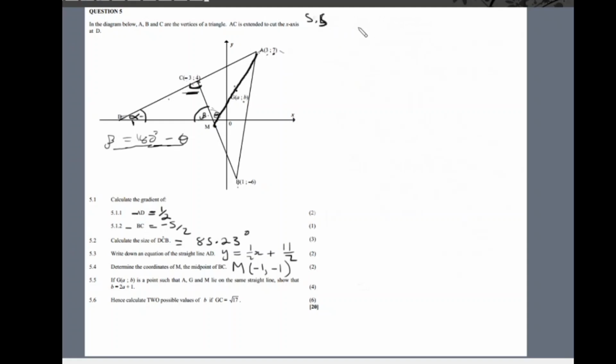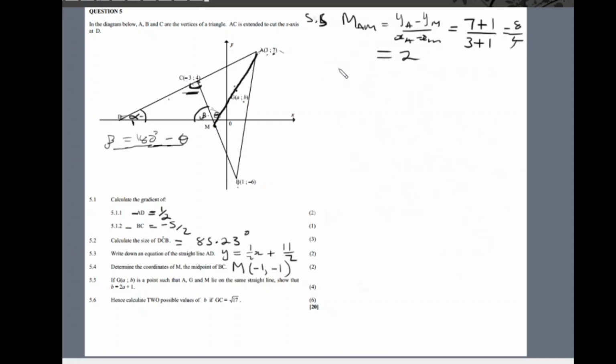So I'll calculate the gradient of AM by saying y at A minus y at M divided by x at A minus x at M is equal to y at A is 7, y at M is minus 1, so here I'll plus 1, x at A is 3, x at M is minus 1, so here I'll have plus 1, so I'll have 8 over 4, so the gradient of AM is 2, right?